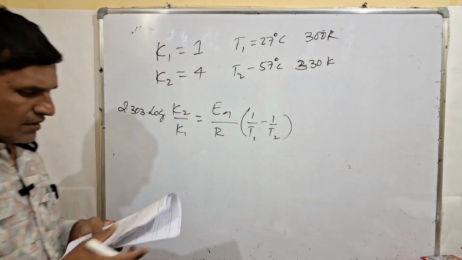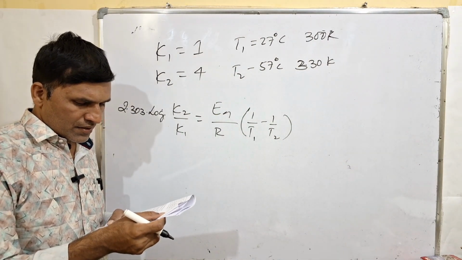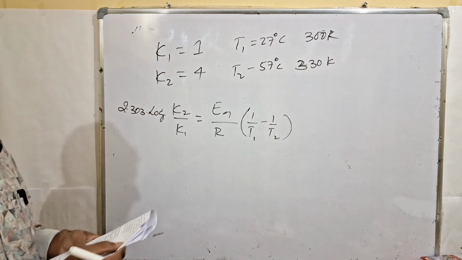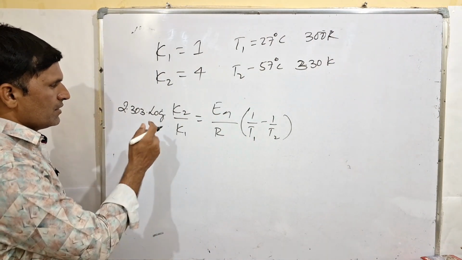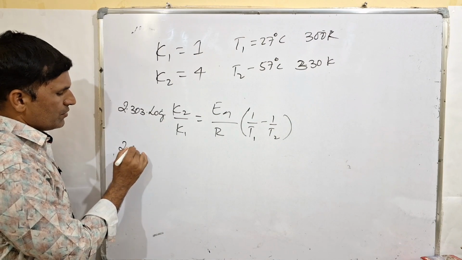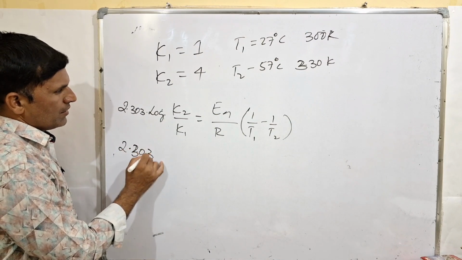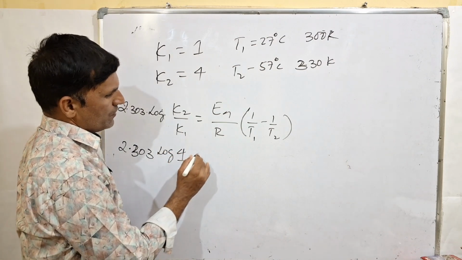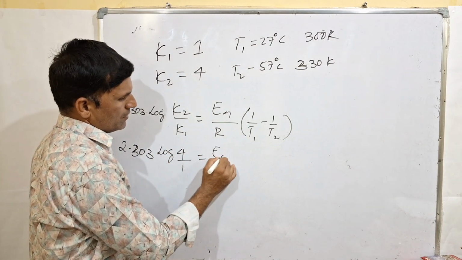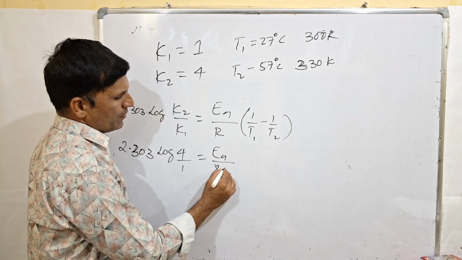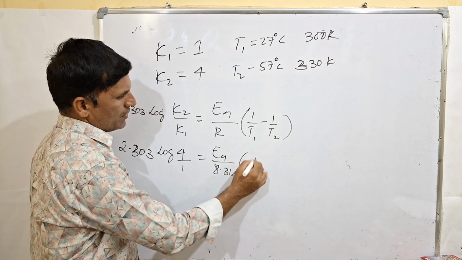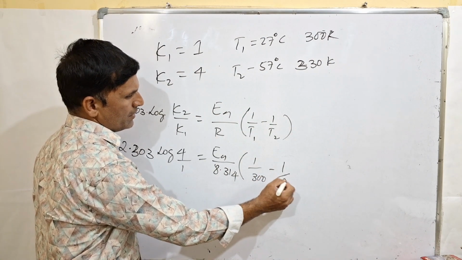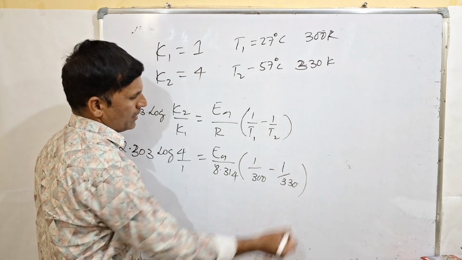They were asking the answer in terms of kilojoules, all right? And they have also given the log 4 value, so we will use it. 2.303 log of K2 is 4, K1 is 1, Ea is what we are supposed to calculate, R is 8.314, 1 divided by 300 minus 1 divided by 330 Kelvin.